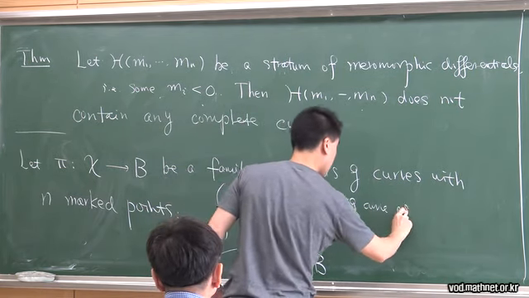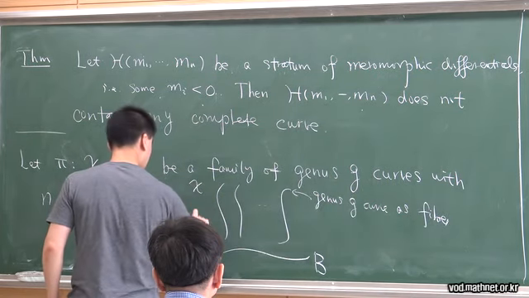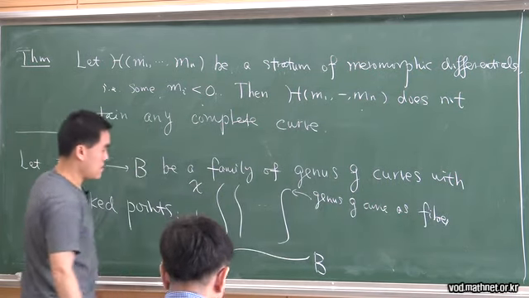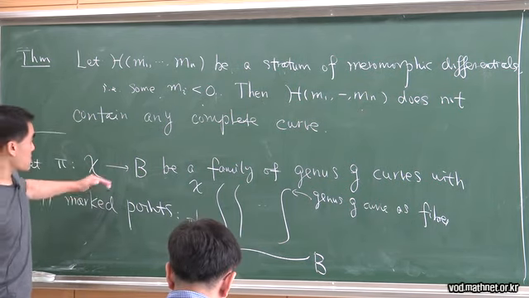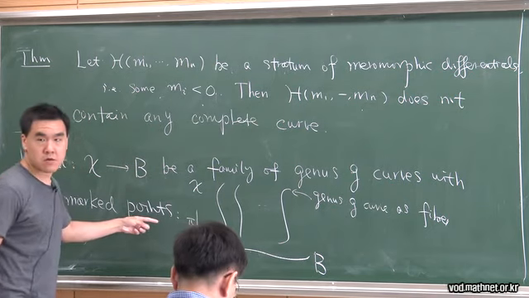As a fiber, X is here, and this is pi. In addition, each fiber is not only a genus g curve, I said it has n markings, right?